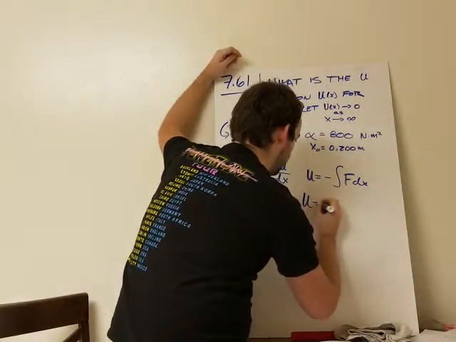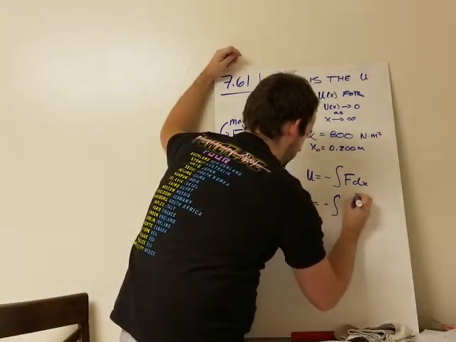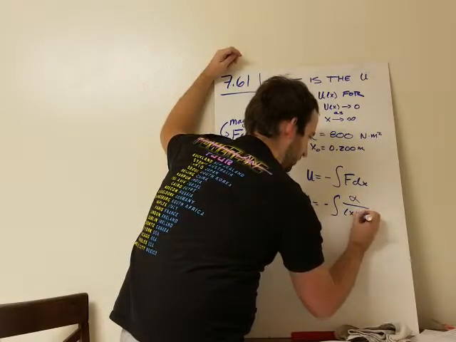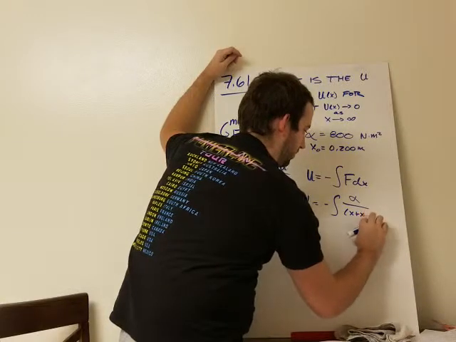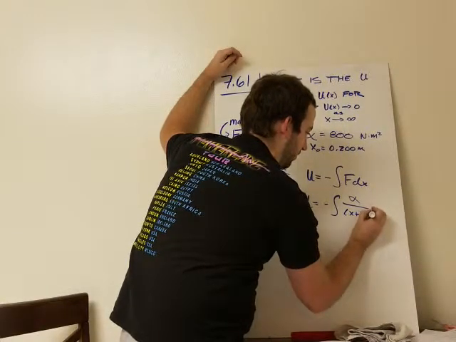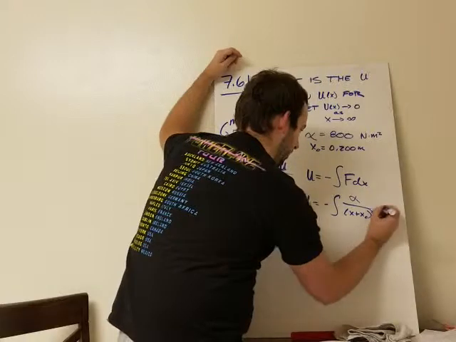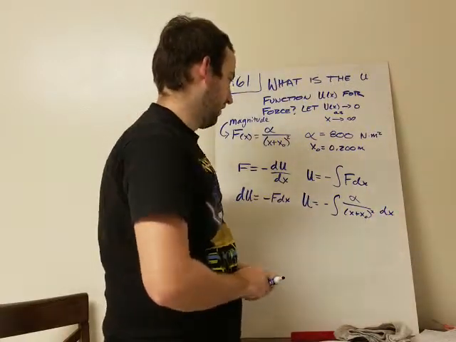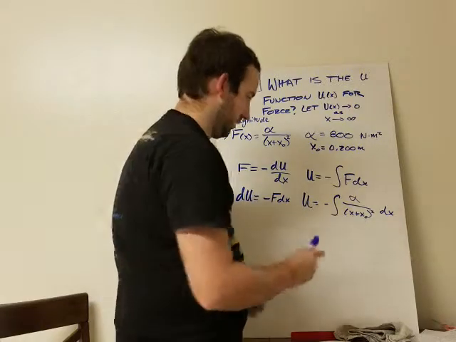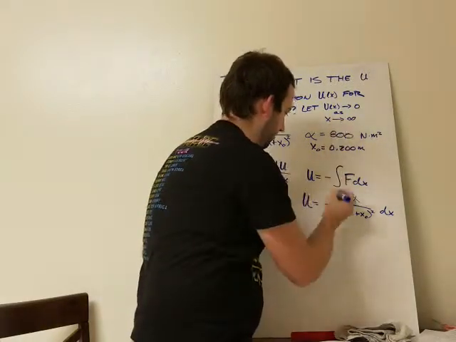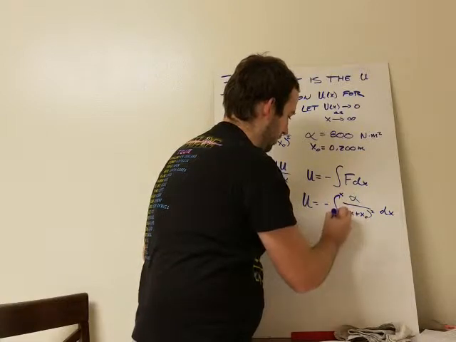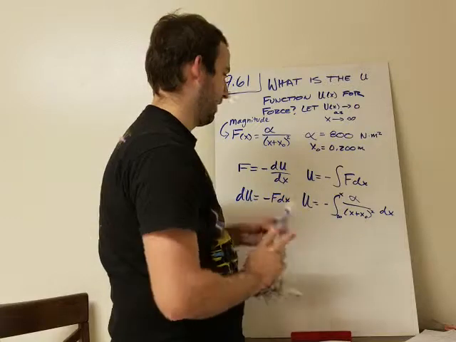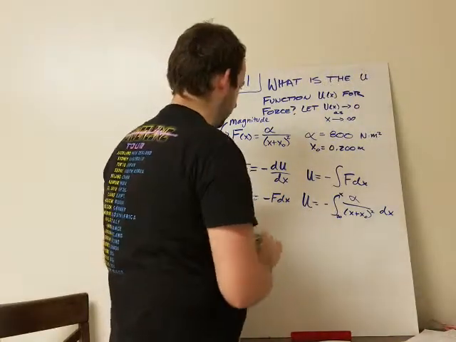So we'll get u equals negative integral of alpha over x plus x naught squared dx, with limits from x to infinity. Now that we have our integral set up, we need to integrate it.